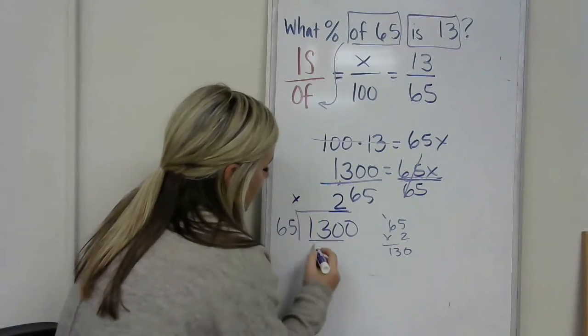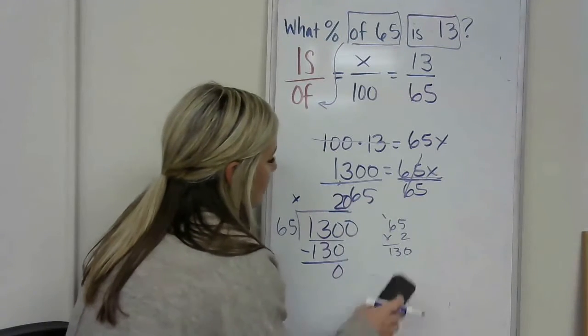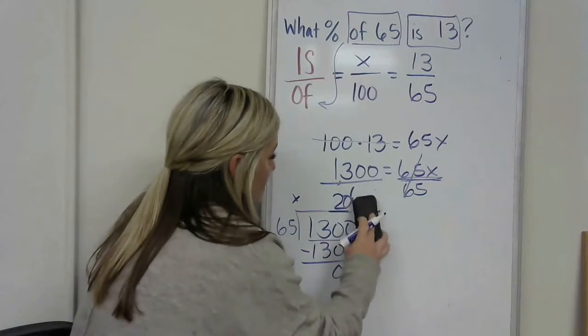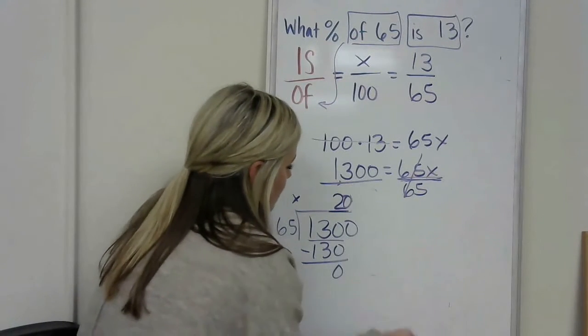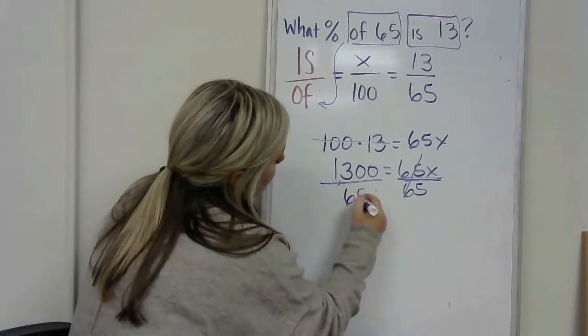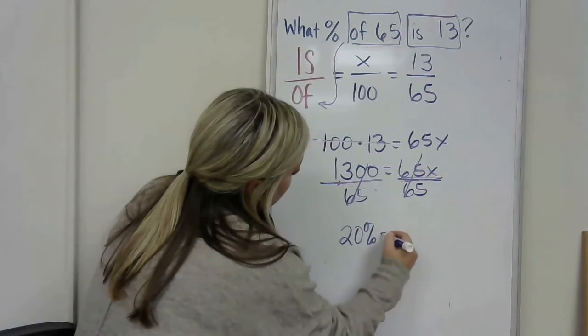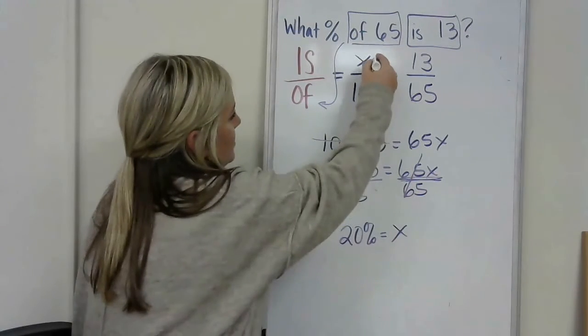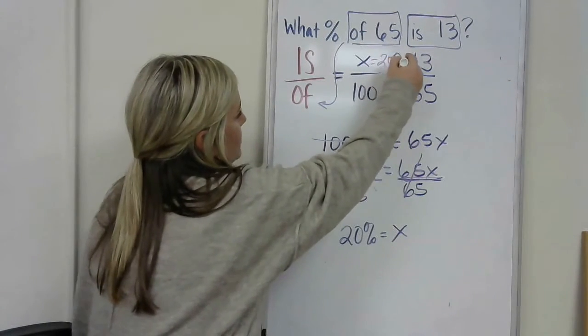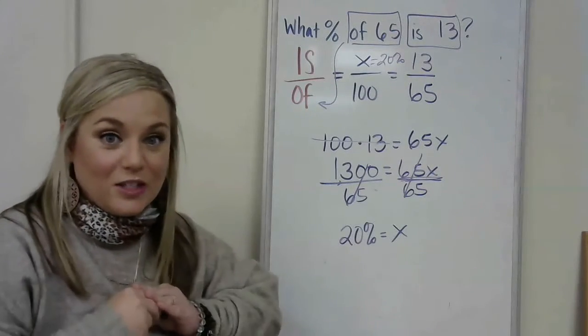Okay, 2 times 65 is 130. Okay, so we got 20. So 20% is equal to x. This is equal to 20%. Okay? Pretty easy, huh? You just got to slow your brain down.